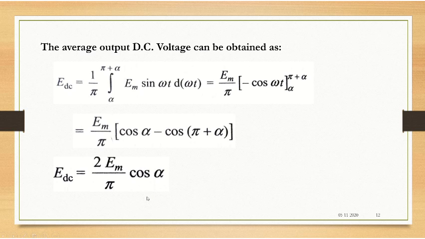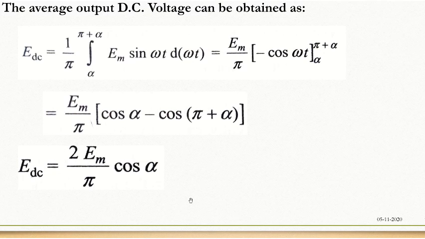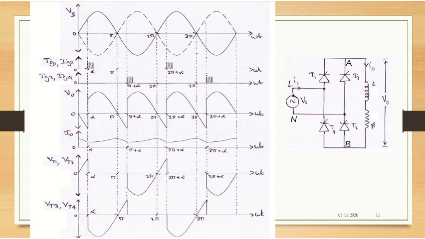So, one more point to observe here. During the interval alpha to pi, I'll go back to the circuit. During the interval alpha to pi, observe that the supply voltage is positive and the current is also positive, which means that the flow of power is from AC source to load.